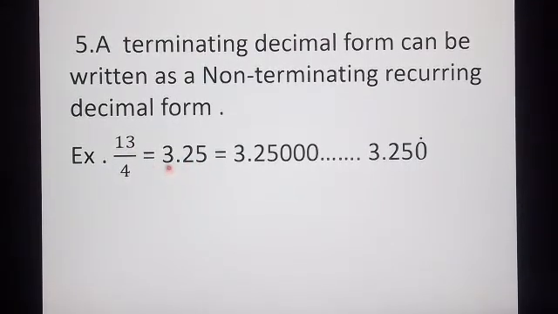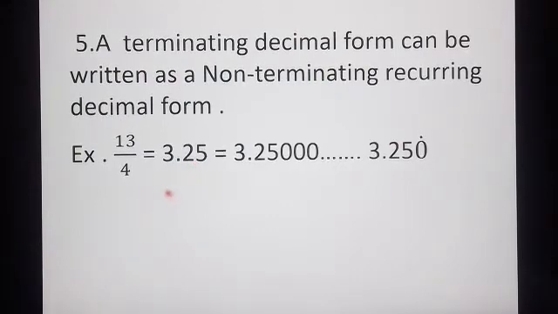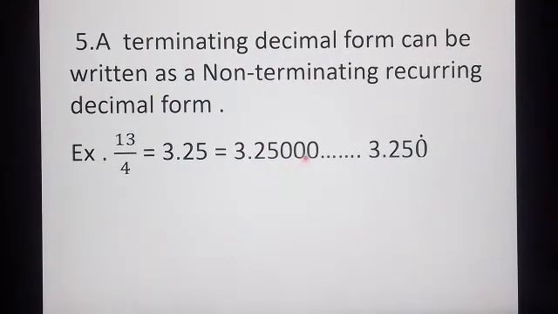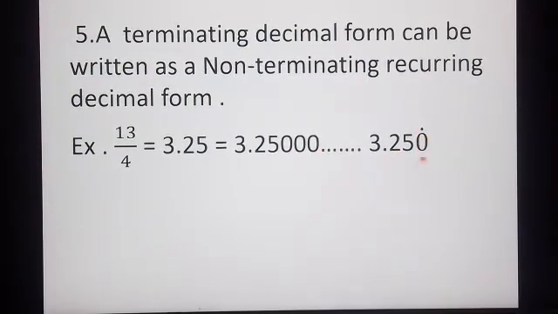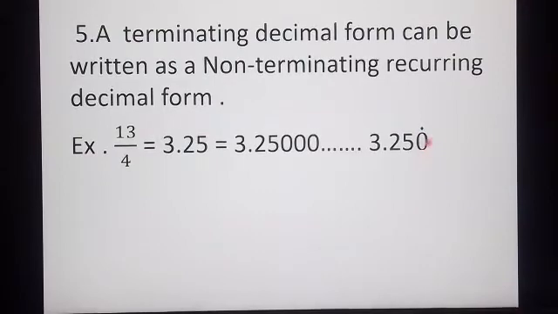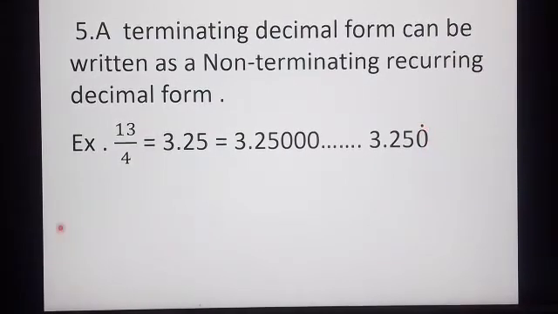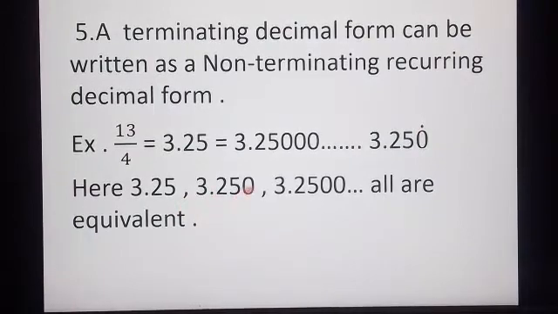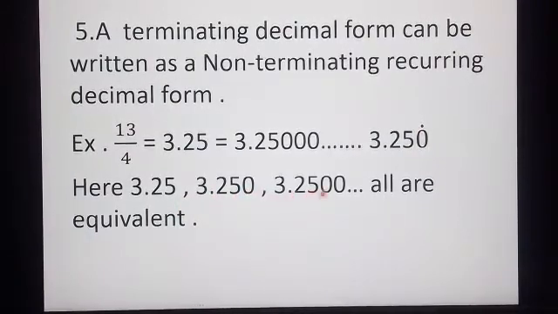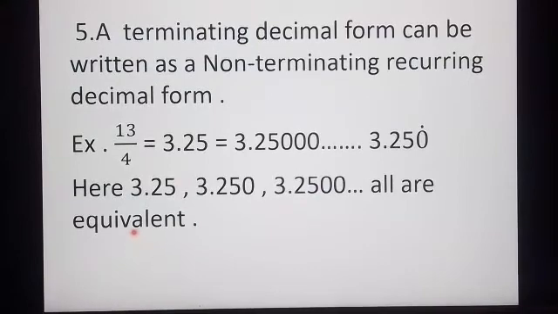So, we have the quotient as 3.25, and we can also write it as 3.250, 3.2500, we can write 0 so many times. 3.250, dot means what? 0 is repeating over here. So, 0 recurring, and 3.25, 3.250, 3.2500 and so on, they all are equivalent to each other.